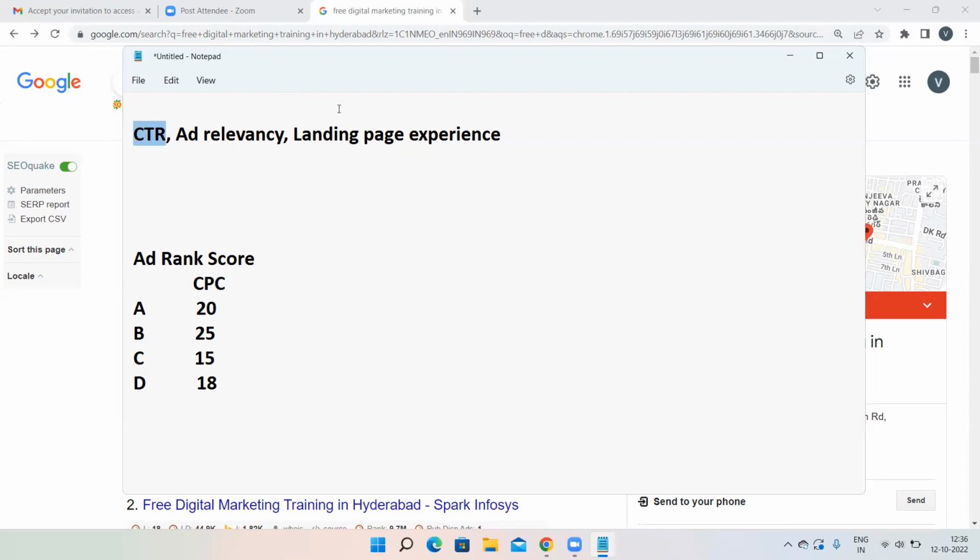But unless I see how they have targeted and how their advertisement is, I cannot tell their ad relevancy and landing page experience. So regarding CTR, whatever you have said is correct. If someone's CPC is a little bit high, they might get lots of clicks. Lots of clicks means lots of CTR and a high quality score.